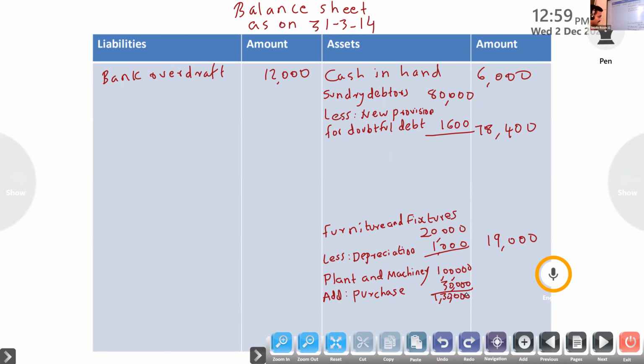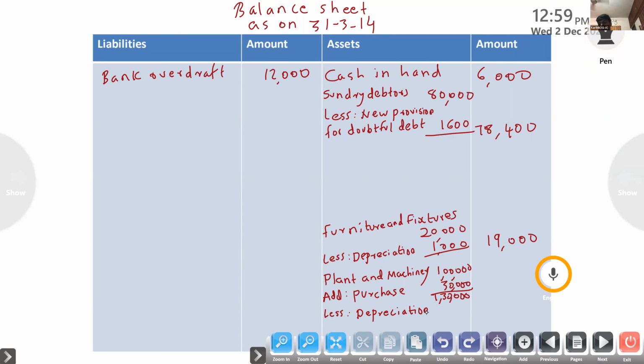We purchased one more machinery, so machinery increased, less depreciation. Depreciation of plant and machinery in the profit and loss account, 7,350.